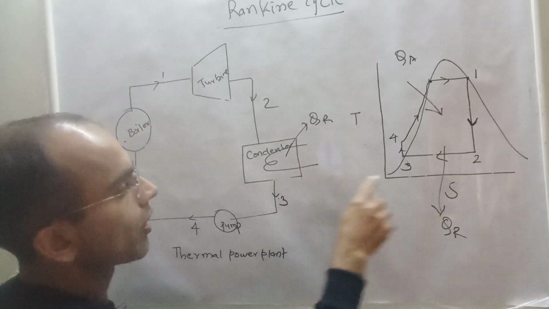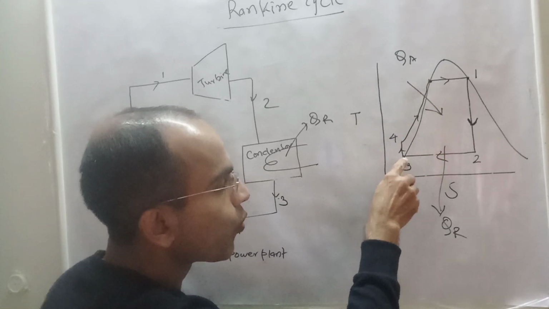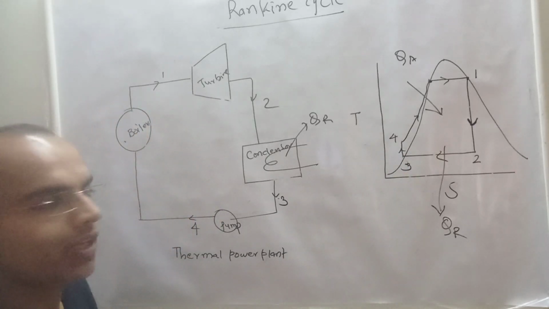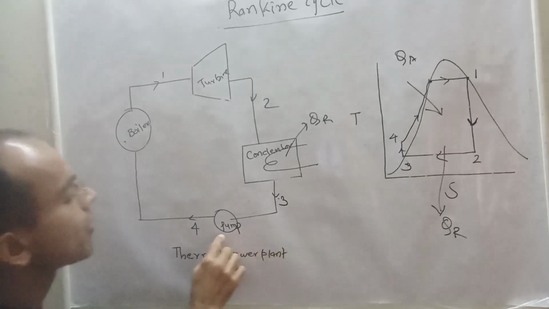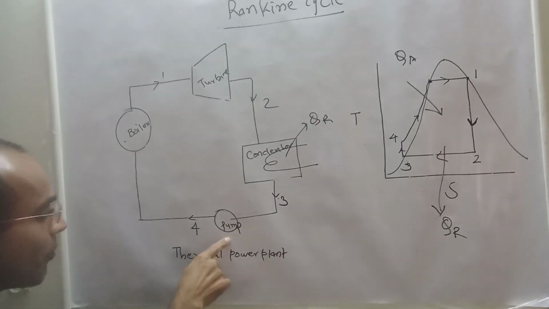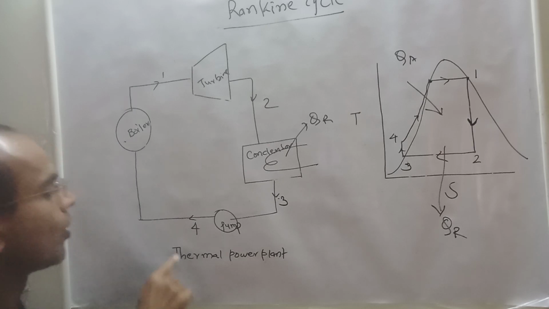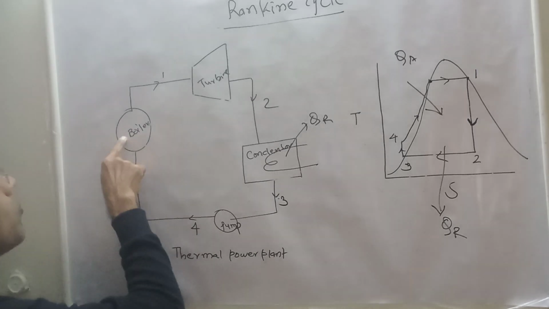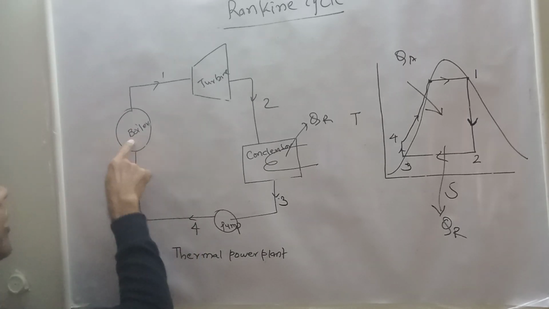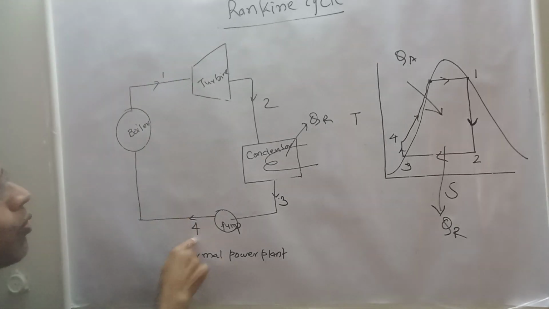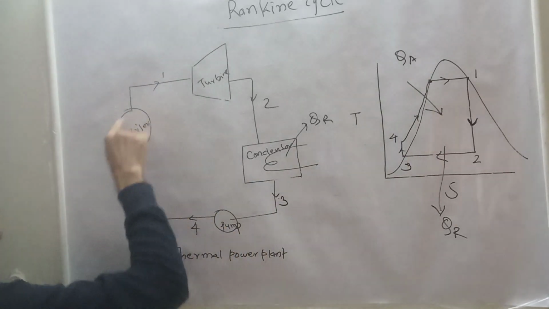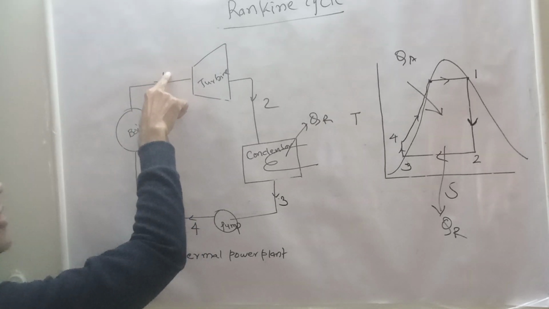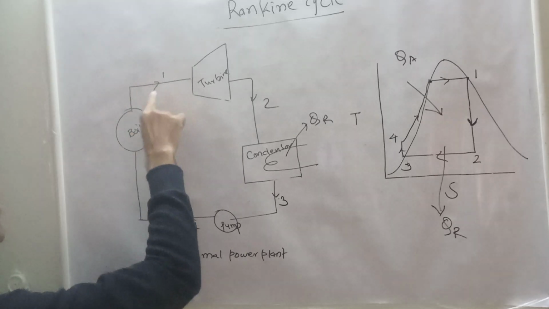Now this saturated water, since this is the saturated liquid line, point 3 lies on this saturated line, which means point 3 shows the saturated water condition. Now that saturated water is extracted from this condenser by this pump and fed to the boiler. That happens in process 3 to 4, and when the pump feeds the water to this boiler, sensible heating occurs in the boiler up to this point, and then at the exit of the boiler it is represented by point 1 and the steam becomes dry.